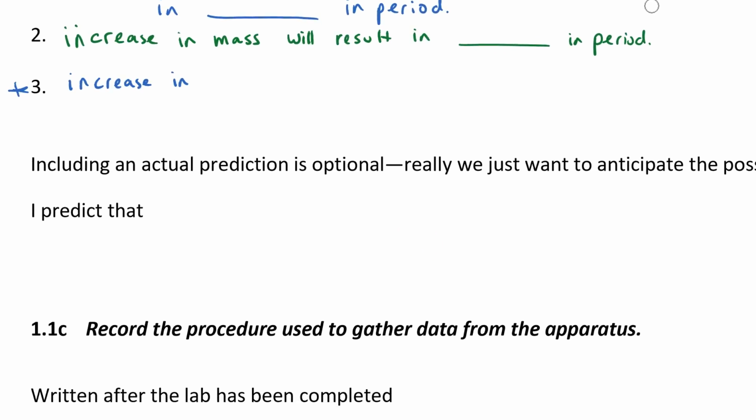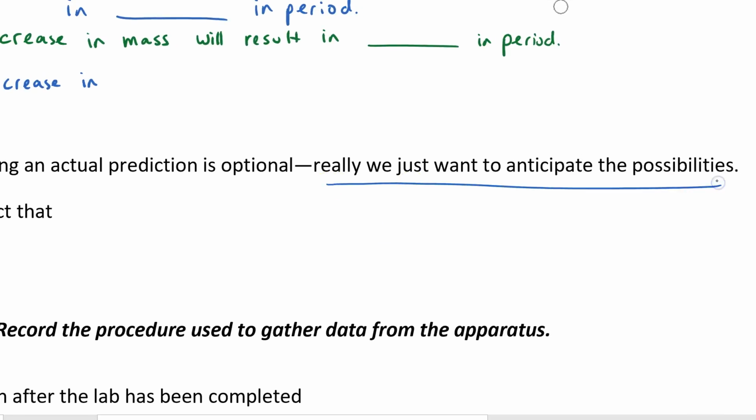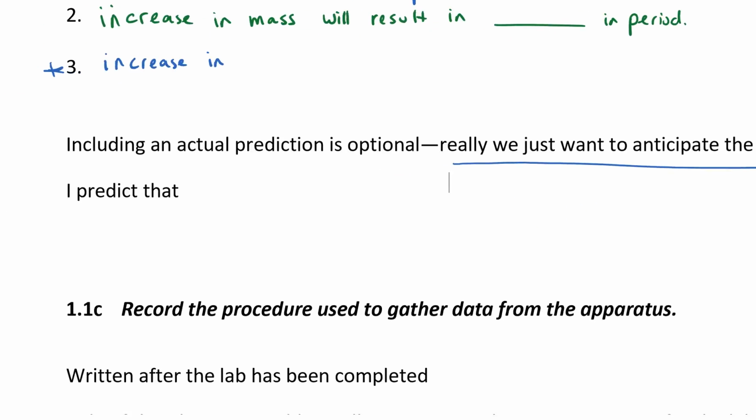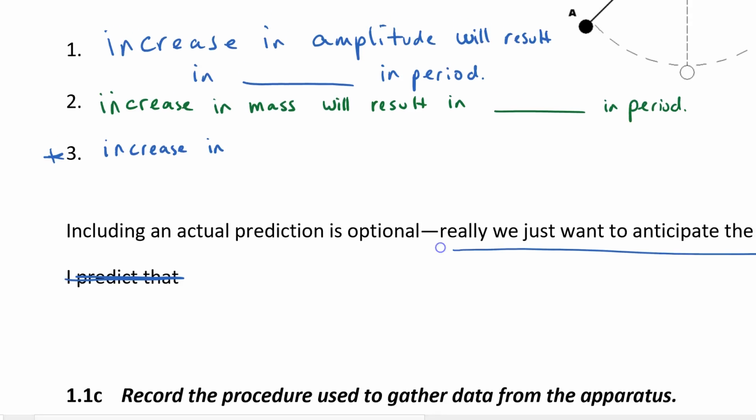Including an actual prediction really is optional when you think about what is in a formal lab. Really what I want you to do is to anticipate what possibilities will happen. So I don't have to say I predict that, because that's what you're doing in steps 1, 2, and 3. And the other thing is, I don't want you to think that somehow your lab turned out poorly if you didn't predict correctly.